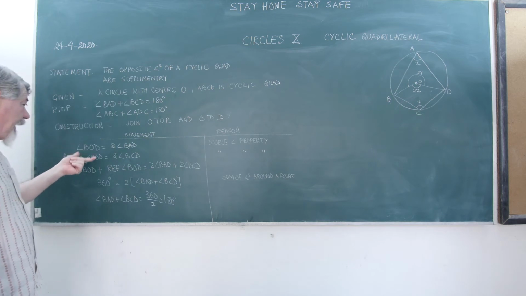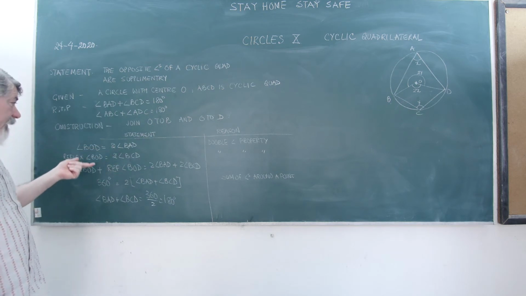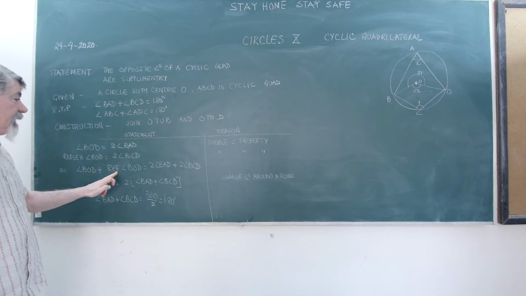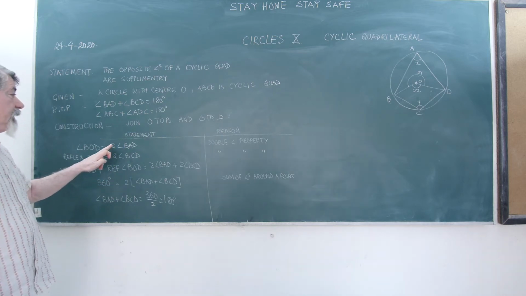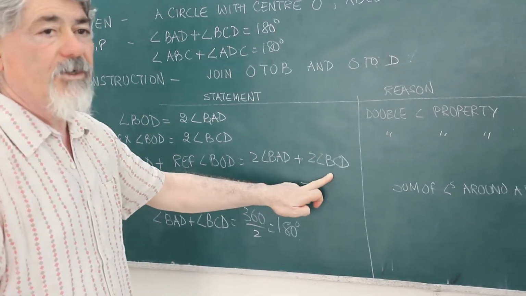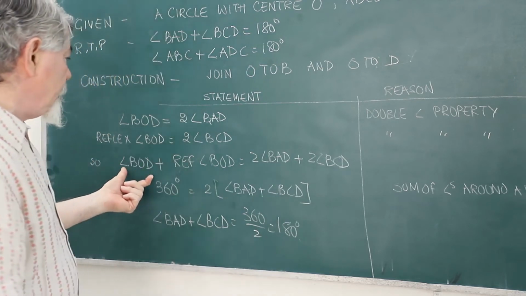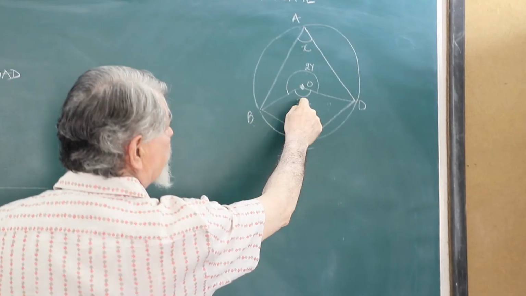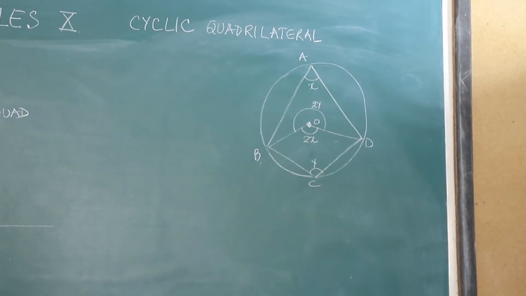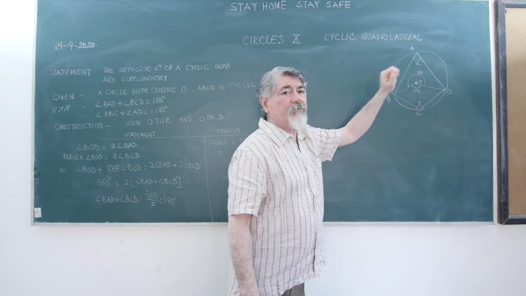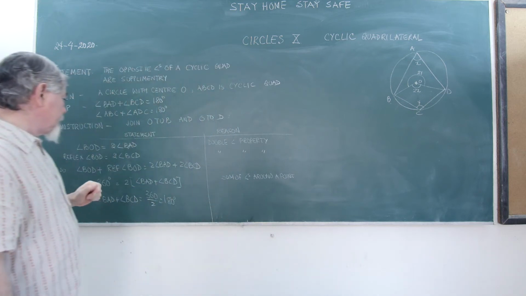Now, if I add these two results, angle BOD plus reflex angle BOD will be equal to double of BAD plus double of BCD. BOD plus reflex of BOD, how much will I get? 360, because the sum of angles around a point is 360 degree.